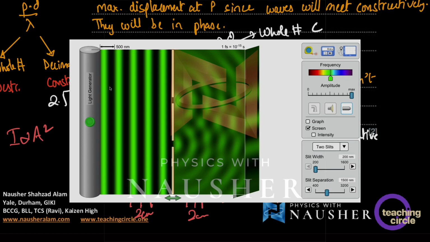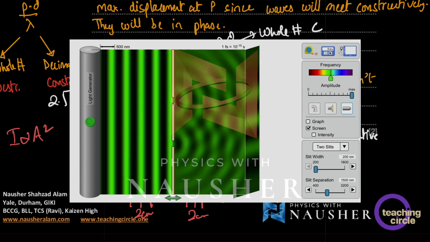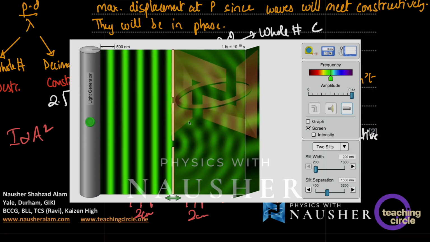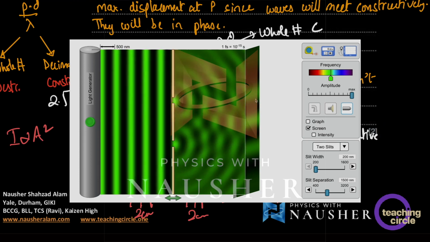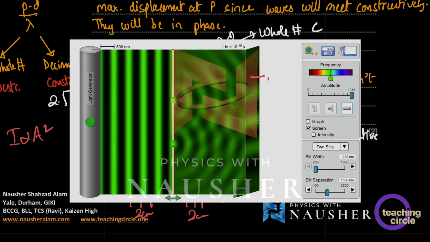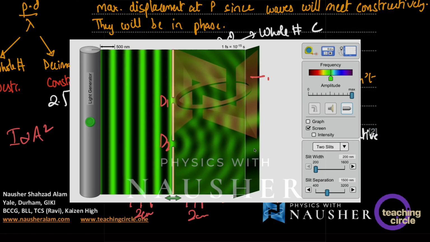So basically what we're trying to say is that if you want to observe these dark fringes, this one, this one, this one, let me just play it again for you. If you want to observe these dark fringes, you can see this is dark, this is dark, this is dark, then the two waves must have the same intensity. Here, let's say this is D1 and this is D2, both have the same intensity.